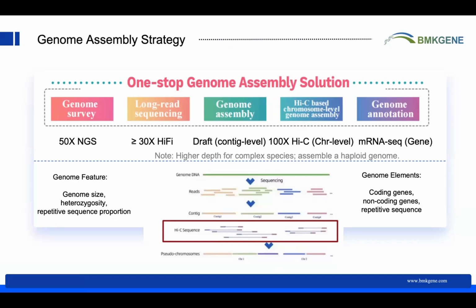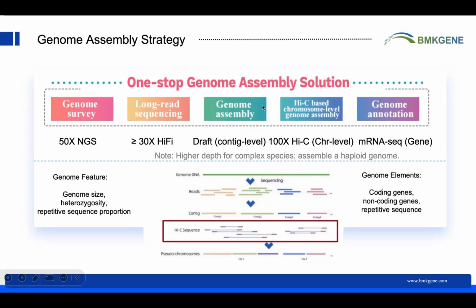For this part, we recommend 50x NGS sequencing. After that, we can set the sequencing strategy. If it's very simple, we can just recommend 30x HiFi data to do the draft contig-level assembly using the sequencing reads.